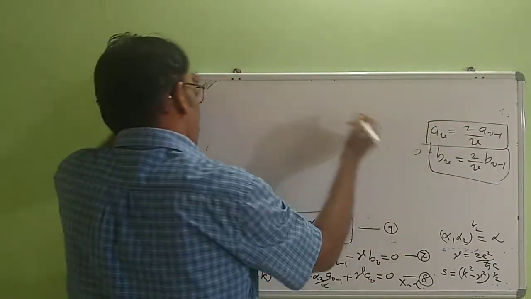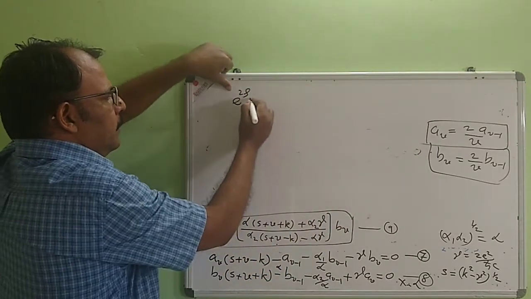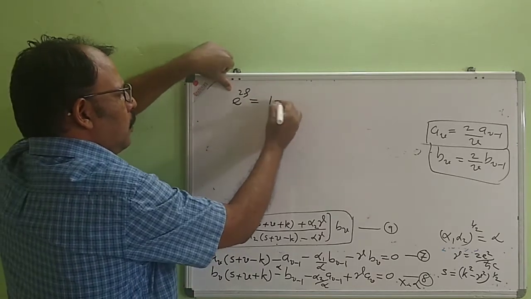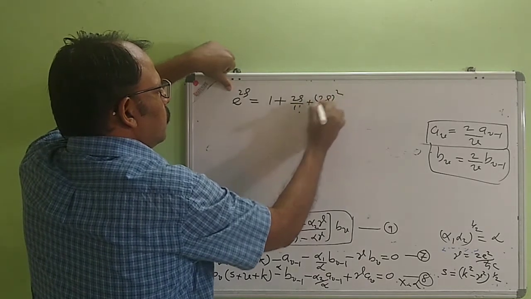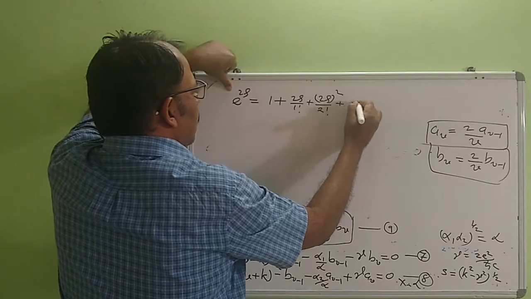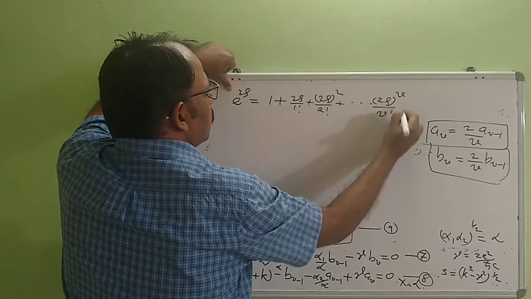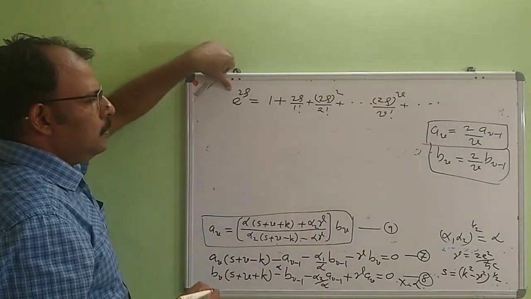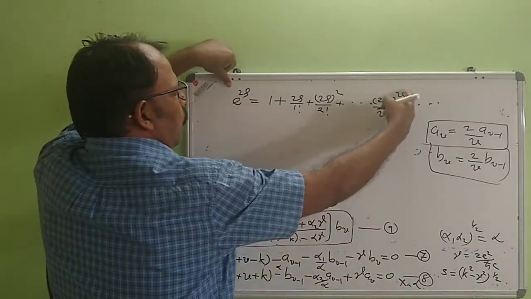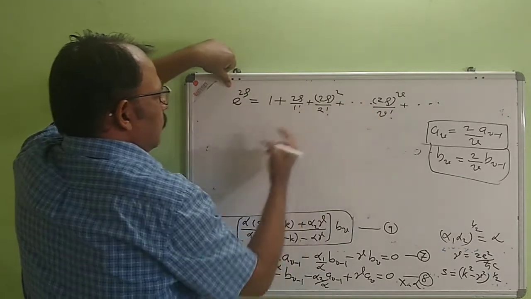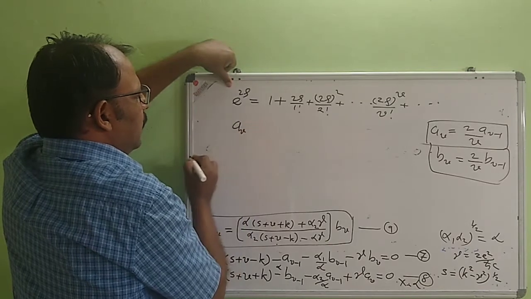If you have e raised to 2 rho as your solution, then the expansion of e raised to 2 rho is 1 plus 2 rho by 1 factorial plus 2 rho the whole square by 2 factorial plus etc, up to 2 rho raised to V by V factorial plus etc. If I take the coefficient of rho raised to V from this expansion, I am taking it as AV.